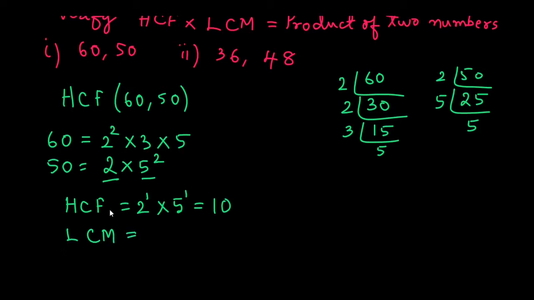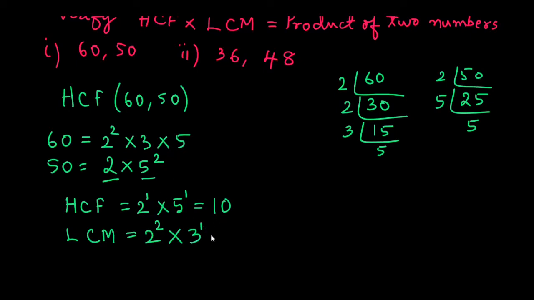Then find LCM. To calculate LCM, we have to take the highest power of all the primes involved. The highest power of 2 is 2 power 2, into 3. 3 is also involved. The highest power of 3 is 3 power 1.